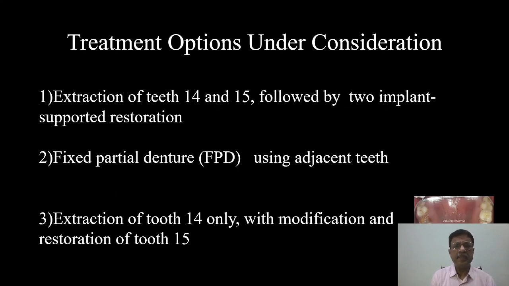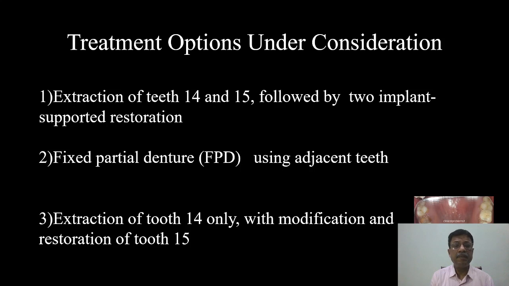Now what are the various treatment options? There are practically 3 treatment options for this patient. Number 1, extraction of 14 and 15. We extract 14 and 15, and then we place 2 implants, and then we put the restoration on those implants.